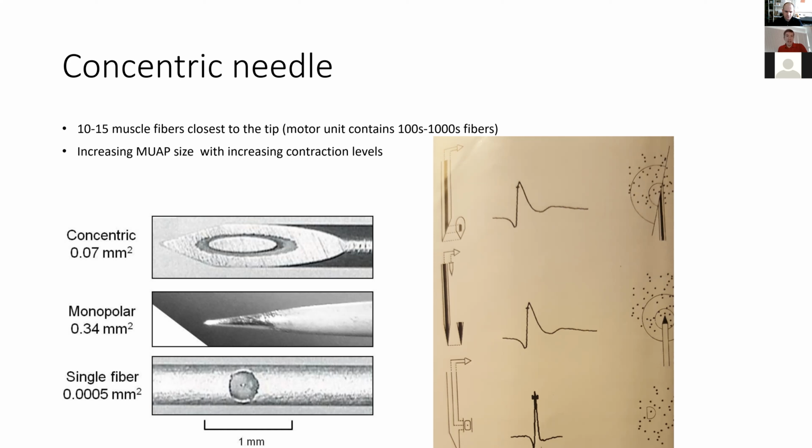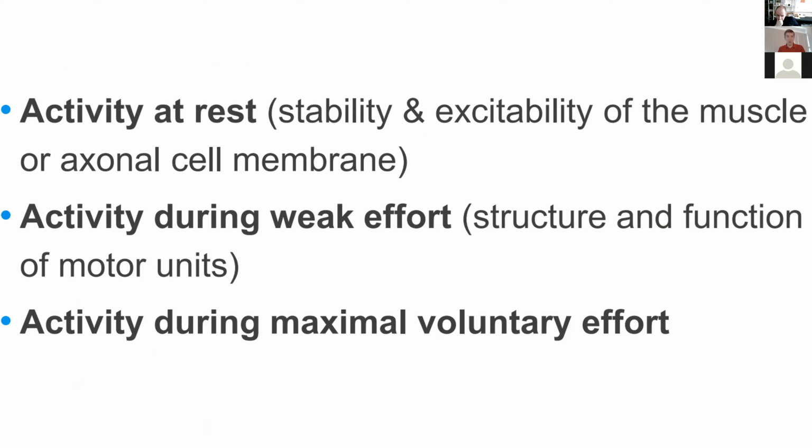Remember that an anatomical motor unit contains at least 100 to thousands of muscle fibers. So we are never recording the whole motor unit. We are just recording a small part of the motor unit, which we call the electrophysiological motor unit, and not the whole anatomical motor unit.